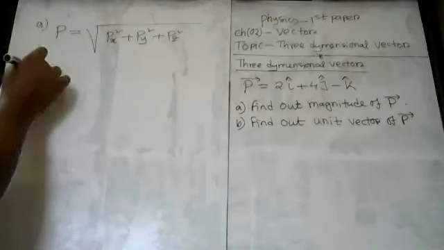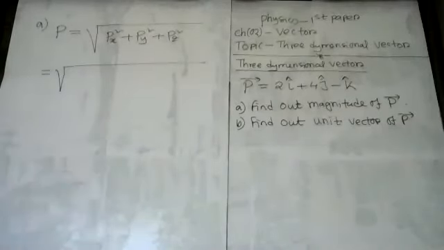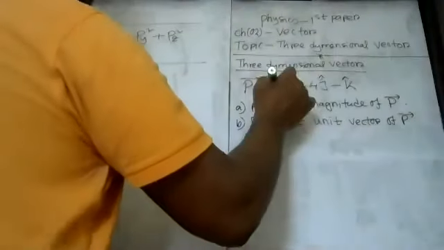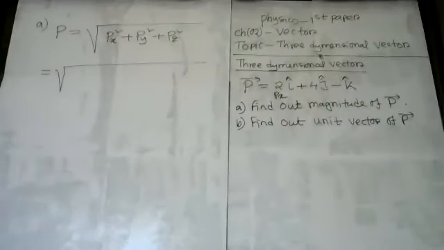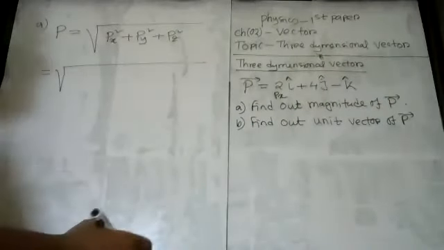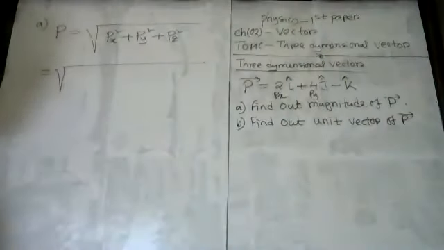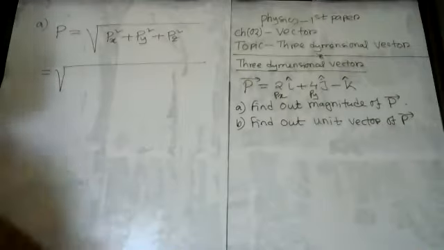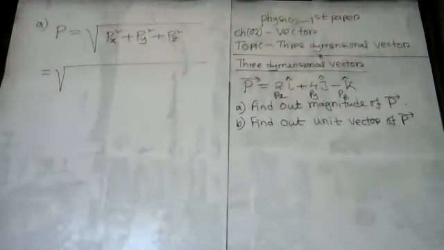So px will equal to what, my dear student? The coefficient of I hat is known as px. You see that this 2 is the px. The coefficient of j hat is the y component, so this is py. And the coefficient of k hat is the z component, so this is pz, my dear student.